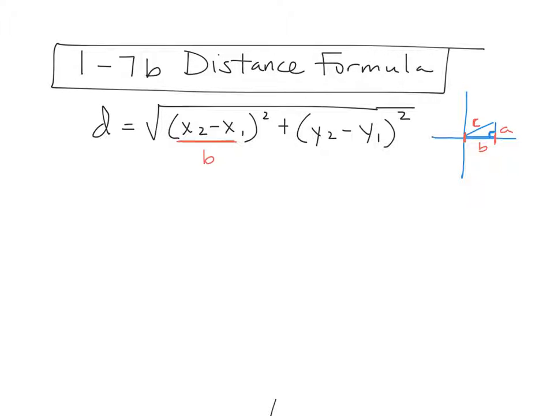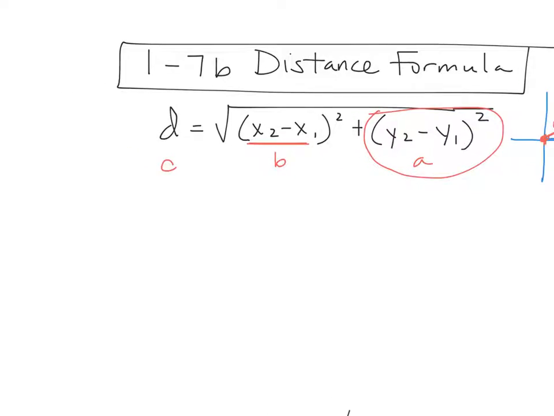Plus y2 minus y1 is this side here, finding the length of A. And then the distance from here to here, the length of C, is here. So it's like saying A squared plus B squared.